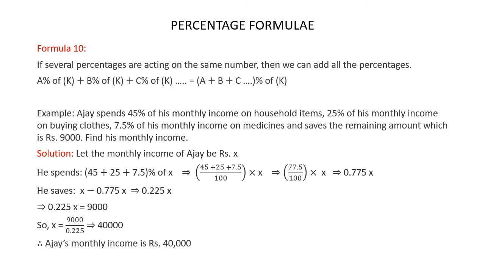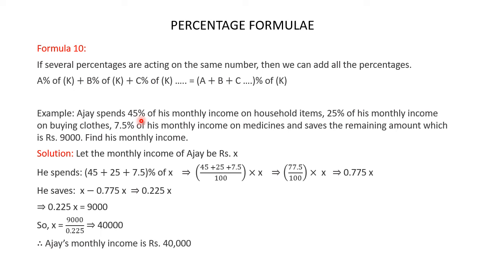Formula 10. If several percentages are acting on the same number, then we can add all the percentages. For example, A percent of K plus B percent of K plus C percent of K and so on is equal to (A plus B plus C and so on) percent of K. Let's understand this with an example.